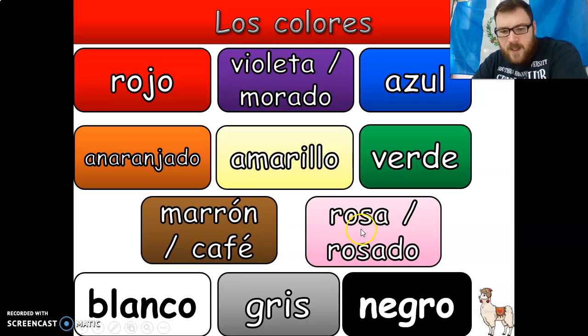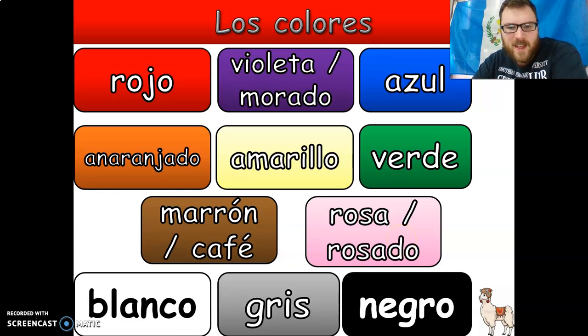Okay, and then for pink, you can use rosa if you want to be easier, or rosado. Rosa means a rose, like the flower. Rosado is pretty much the adjective, kind of like a rose.